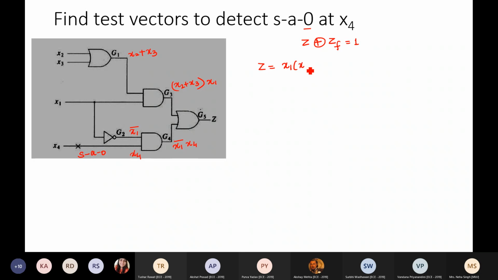It is x1 into x2 plus x3 or x1 bar x4. Is it okay? ठीक है?